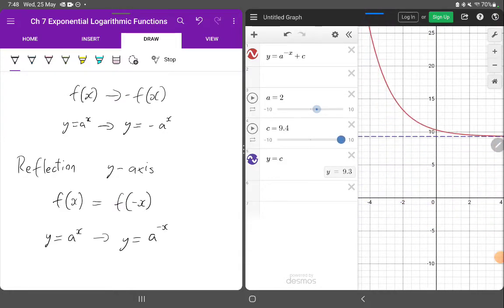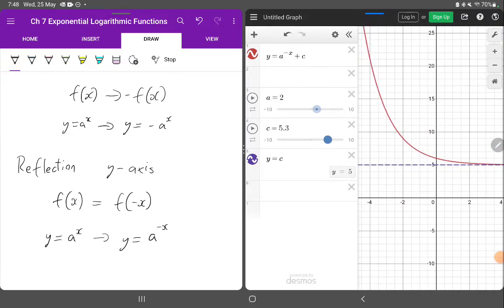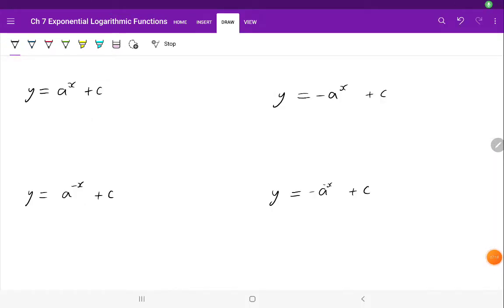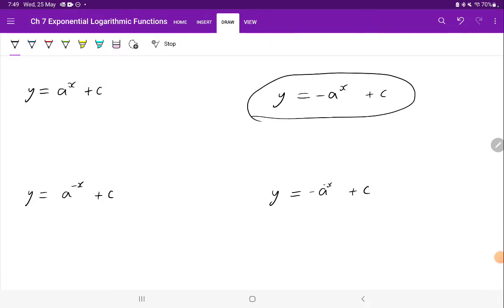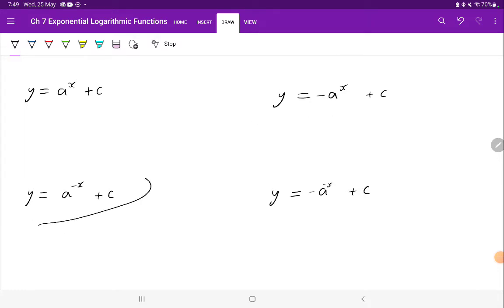Okay? So C is going to control the asymptote, and then the negatives are going to change the different signs. So let's make some notes. Essentially, I have 4 different cases. No reflection, reflected in the y-axis, reflected in the x-axis, and reflected in both axes.